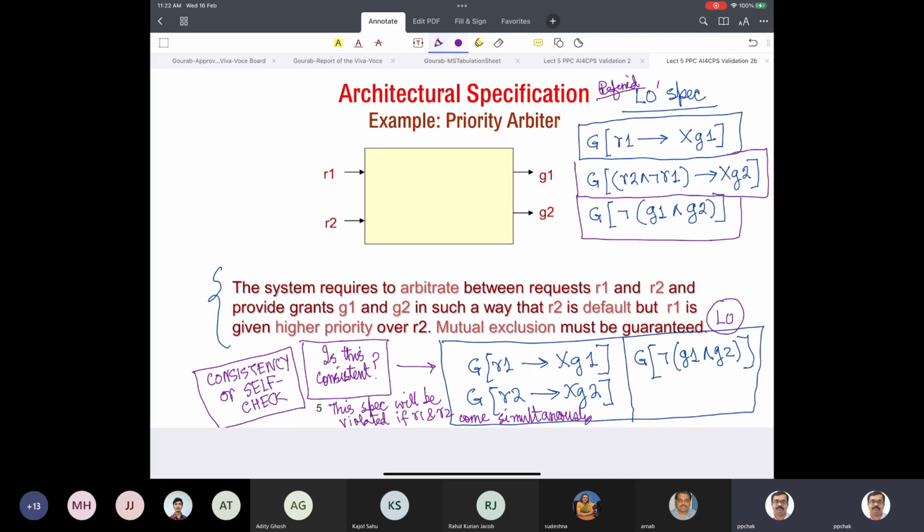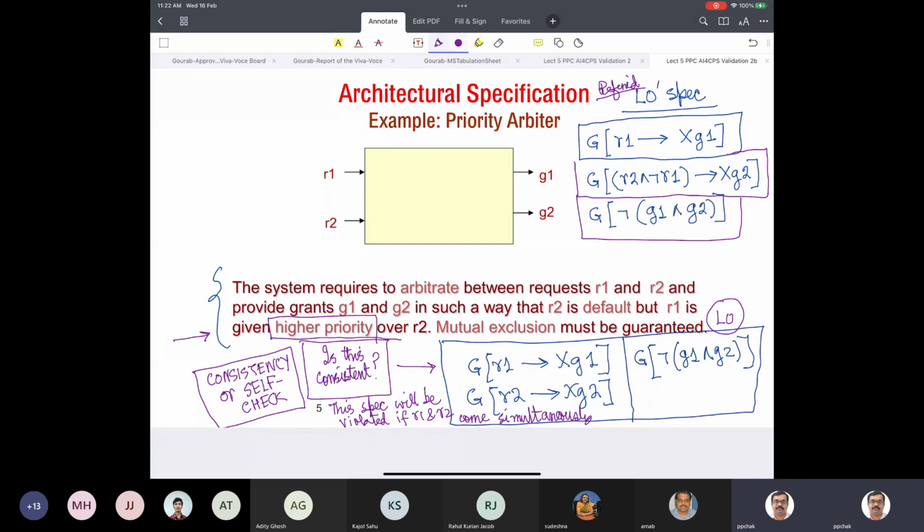So even if R1 and R2 now come simultaneously, which one will be on in this new specification? L0 dash G1. And it satisfies this condition. Yes, it's consistent and satisfies this condition.